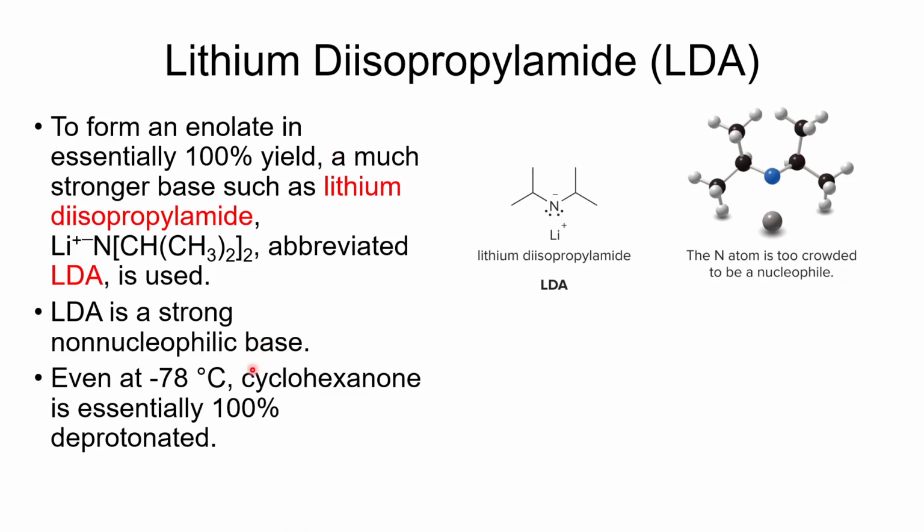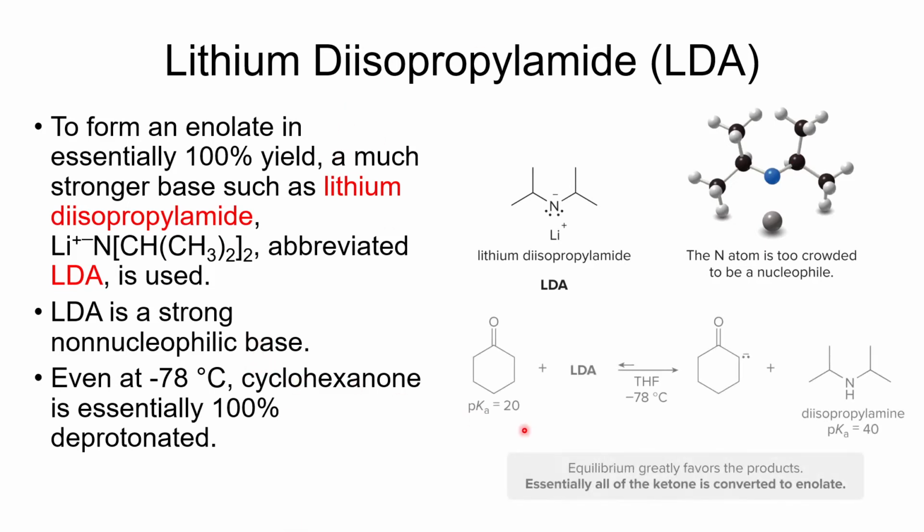At negative 78 degrees Celsius, you can take cyclohexanone and deprotonate essentially 100% of those alpha hydrogens to give you this. And if you're wondering, how do I get to negative 78? Well, it just so happens that the sublimation point for dry ice, which is just solid carbon dioxide, is negative 78.5.